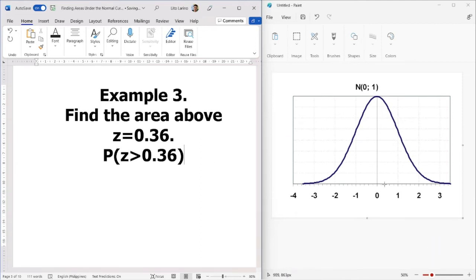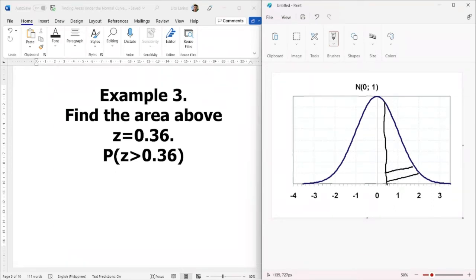0.36 is probably located here. Okay, let's say it's here. And we're asked to find the area above this z-score. That means we locate this area, the shaded part.